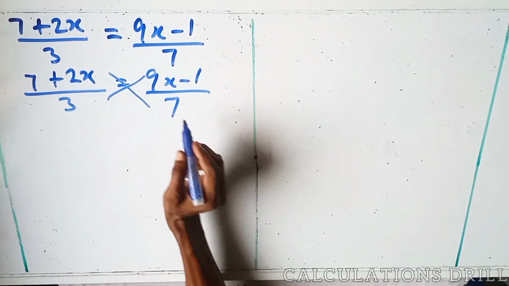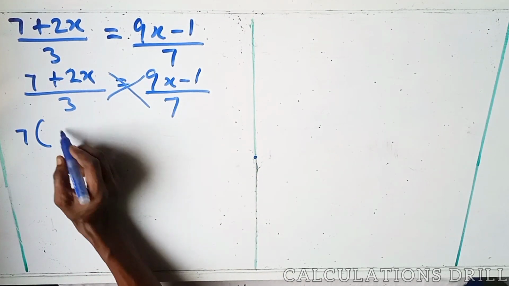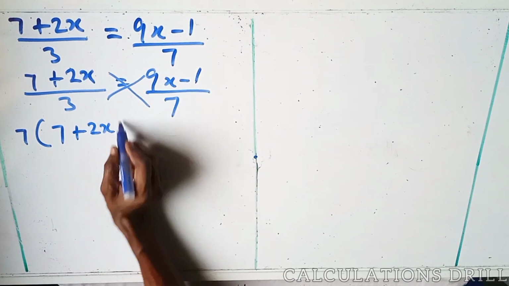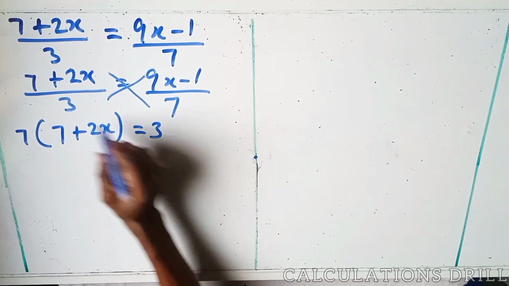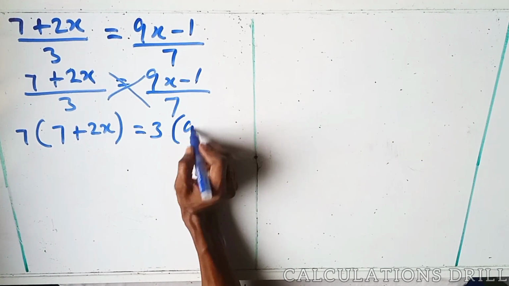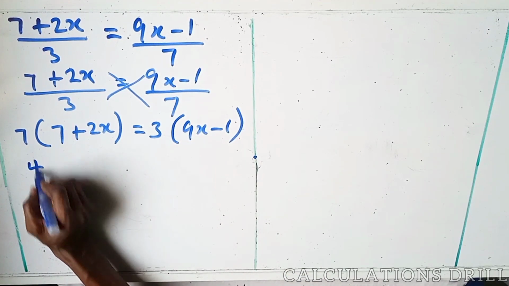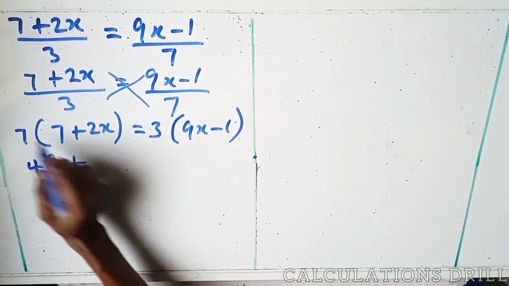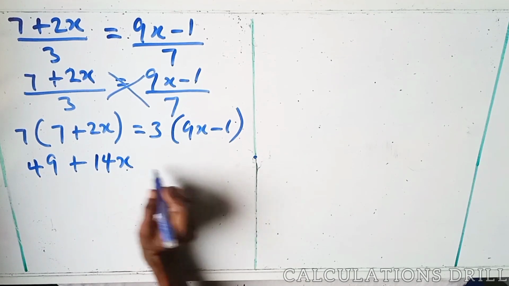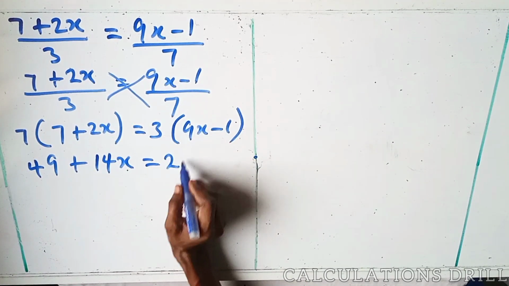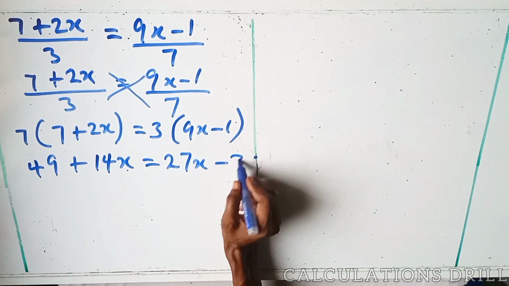When we cross multiply, we use 7 to multiply 7 plus 2x. Then we use 3 to multiply 9x minus 1. So 7 times 7, 49, plus 7 times 2x, 14x, equals 27x minus 3.